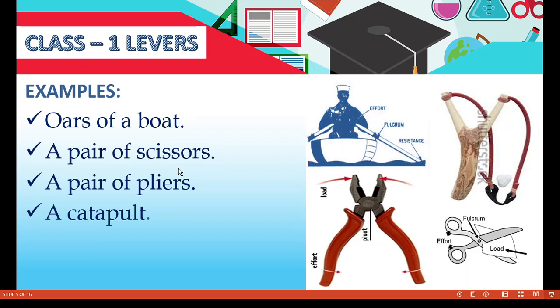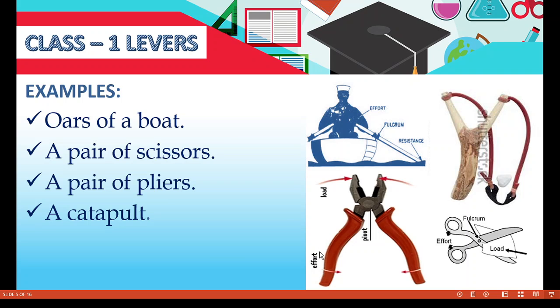And the second one is a pair of pliers. This is a plier, otherwise simply called a cutting plier. Here these are the arms of the plier, and on these arms we apply the force. The place at which we apply the force is the arm of the plier.